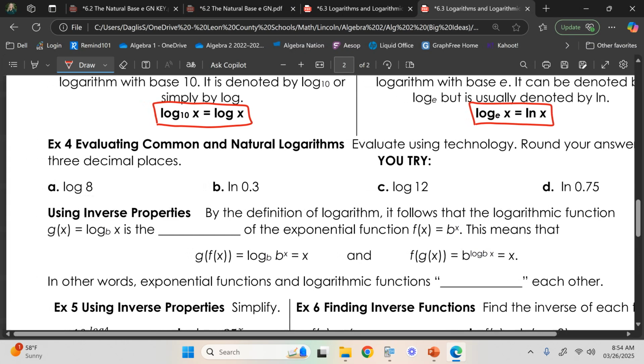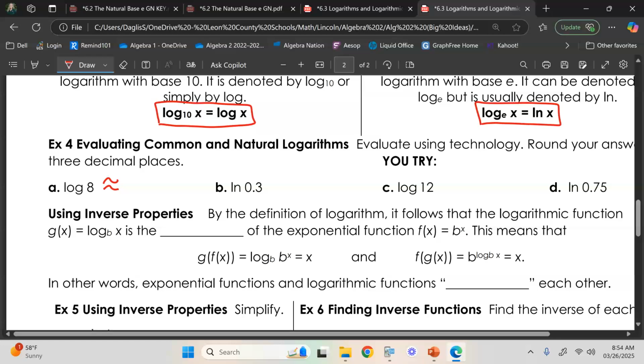When you type in log 8 and it tells you to round to the 3 decimal places, what do we get? 0.903. And if we type in natural log of 0.3, we should get about what? It's next to the 4.